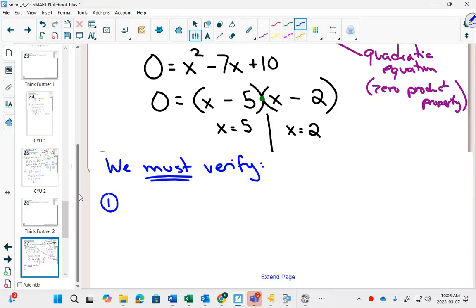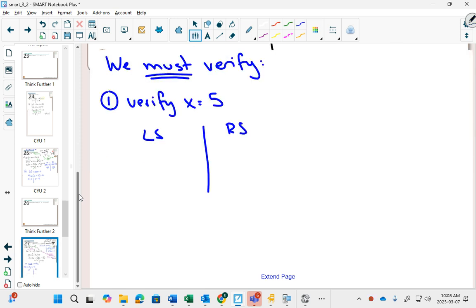First, I'm going to verify x equals 5. Set up my left side, draw my line, set up my right side, and we go back to the original equation. So we look right back to the beginning. My left side originally was the square root of 6 minus, I'm going to plug in x, which is 5, plus 4.